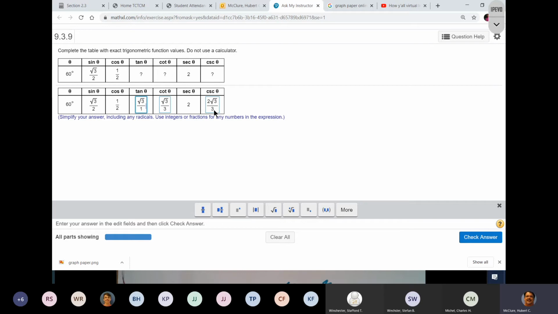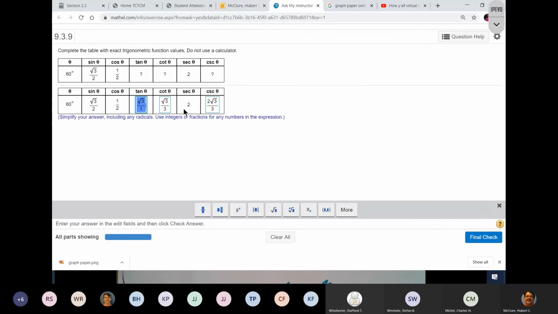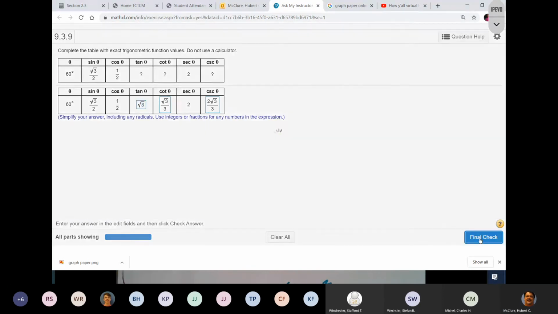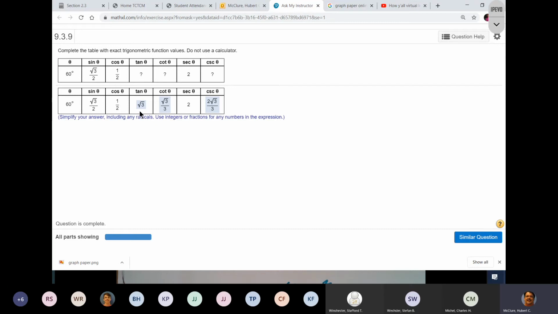The only thing that I would say they'd have a fit on is that 1. Now I'm going to take the 1 off. Just put square root of 3. That's it. So whoever sent that question, you didn't do anything wrong. They just didn't like the 1 under there.